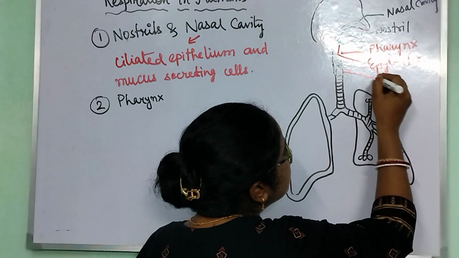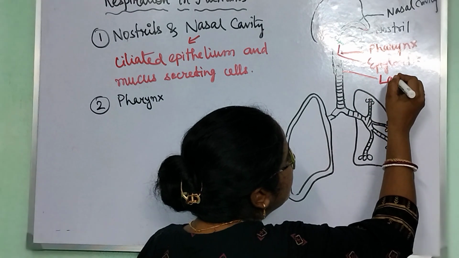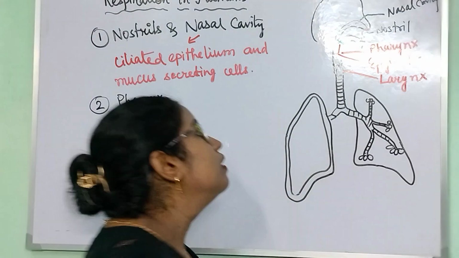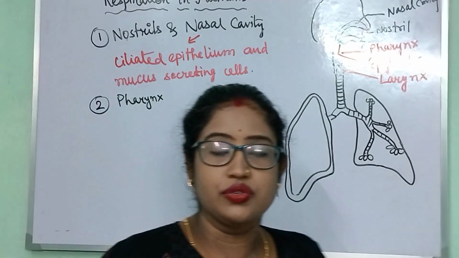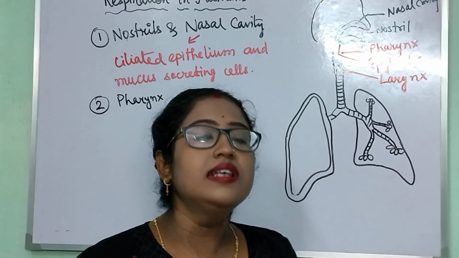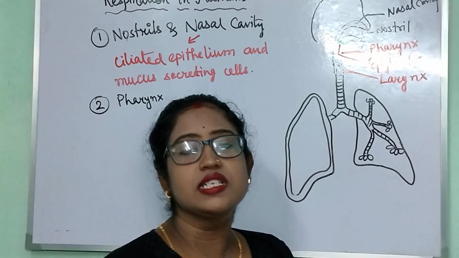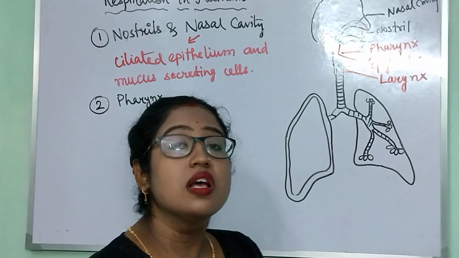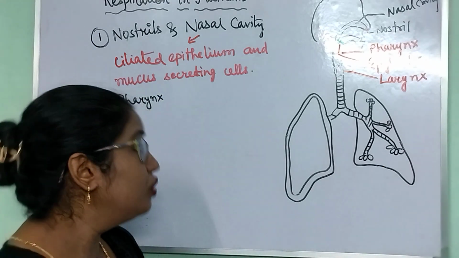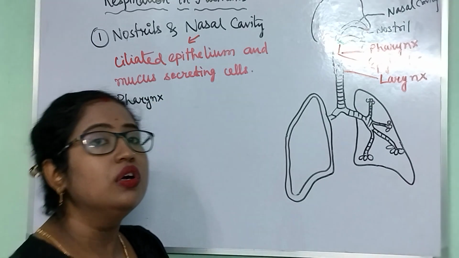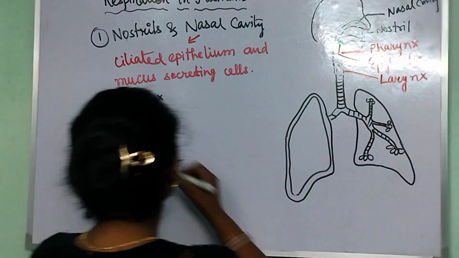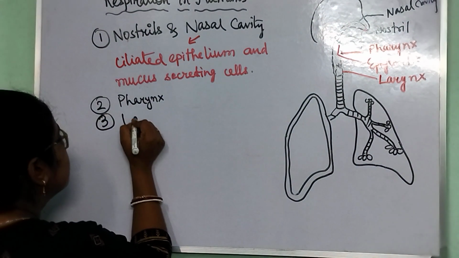The next part of the respiratory tract is the larynx. This box-like structure is known as the larynx. The larynx is a cartilaginous, box-like structure that produces sound. It has two vocal cords, two cord-like structures.